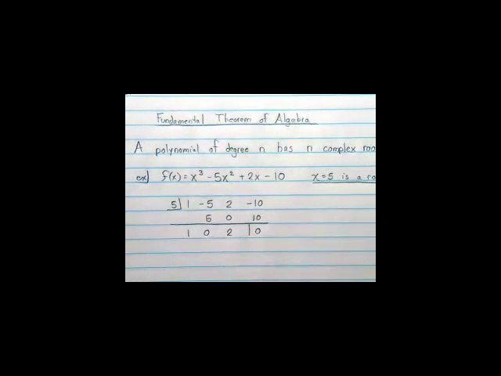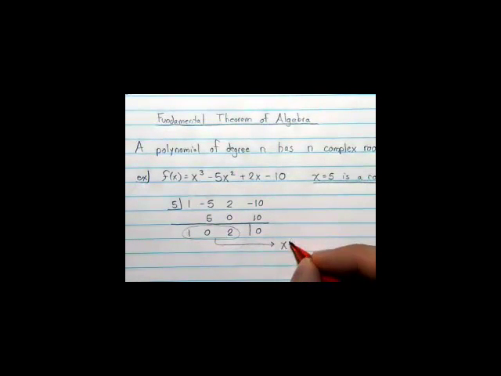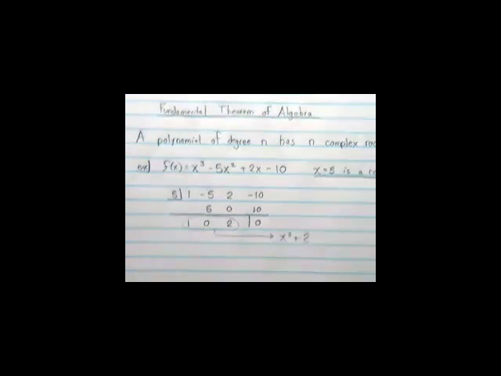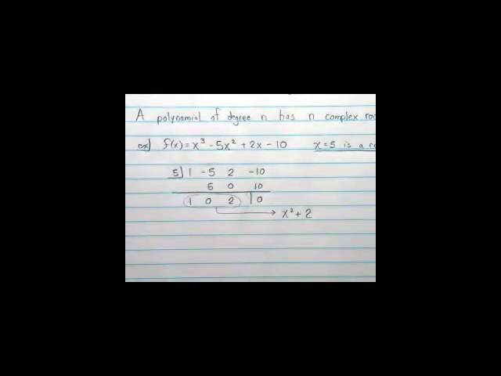So, yep, that works. So, this is what we've got left over to work with now. So that is x squared plus 2. And in that little polynomial are the 2 other roots that we want to find.